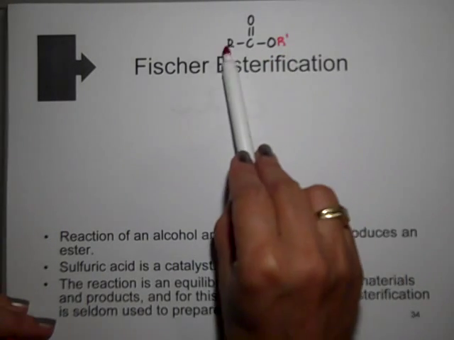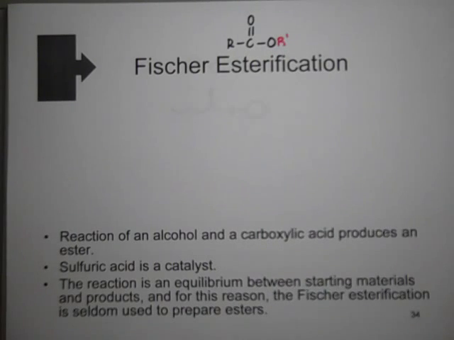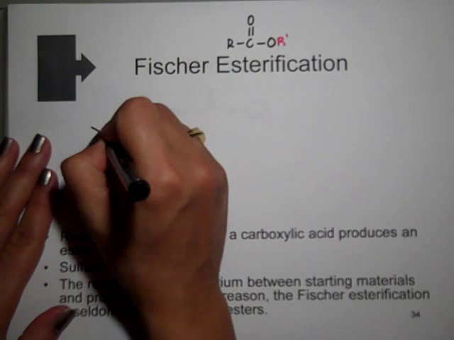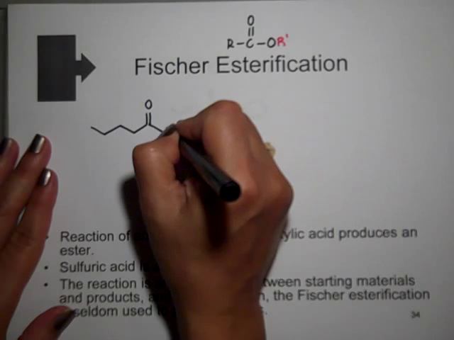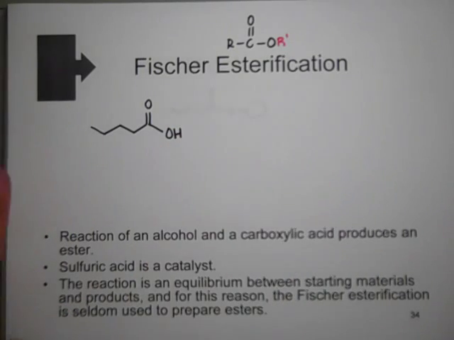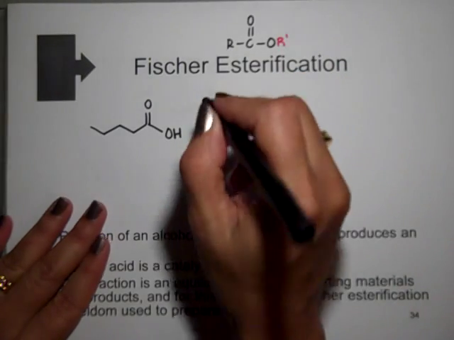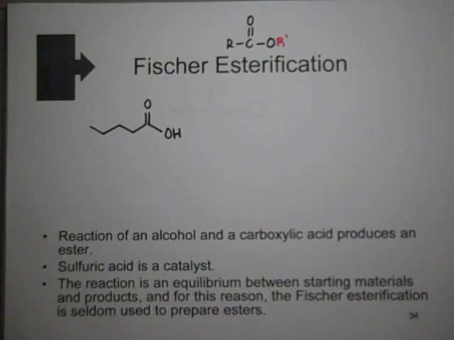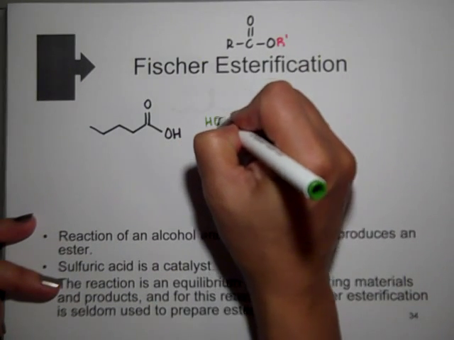It can be the same as you have on the left, or it can be a completely different carbon group. The Fischer esterification starts with a carboxylic acid, and then you add whatever alcohol you want. I'm going to do it in a different color because I need you to see what oxygen ends up attached to where.